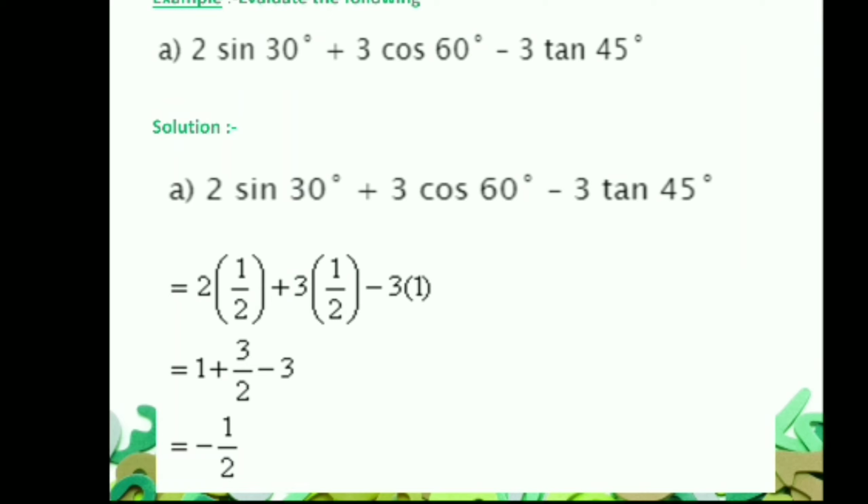Sin 30 is 1 upon 2, cos 60 is also 1 upon 2, and tan 45 is 1. So we have put in all the values. 2 into 1 upon 2, both are cancelled, so 1 is there, 3 into 1 upon 2 is 3 upon 2, and minus 3. After that we take the LCM of all these and solve. After solution it comes to minus 1 upon 2. It is the answer of this evaluation.